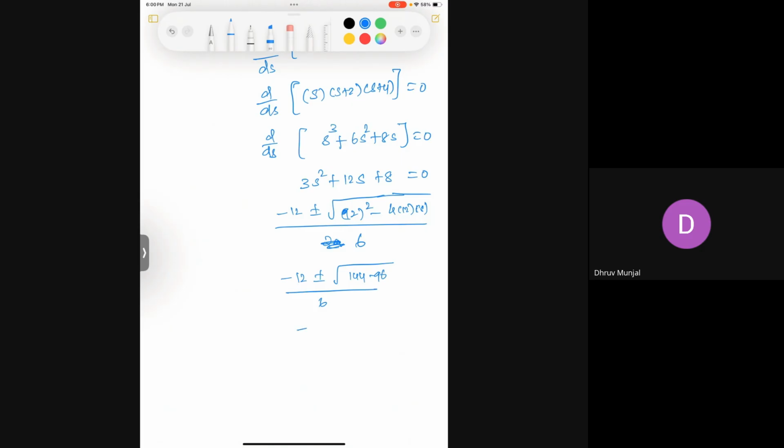So when I consider, this will be 48 by 6. This will give you minus 2 plus or minus root 48. How can we split this? 4 into 12 will work. Yes, then this will be 2 root 12 by 6.